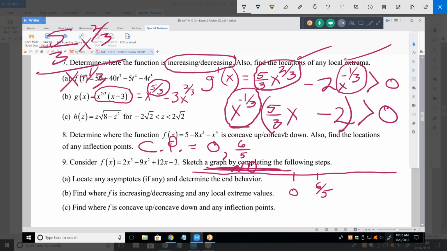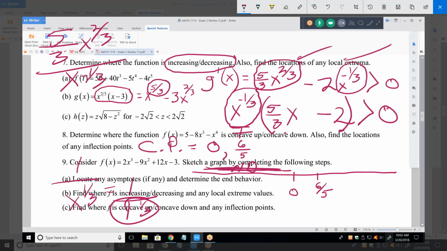Next step. And then just 1. Okay. So 1 becomes positive, right? In other words, 1 to the minus 1/3 power is 1. It's 1 over x to the 1/3 power, which is 1 over 1 to the 1/3 power.